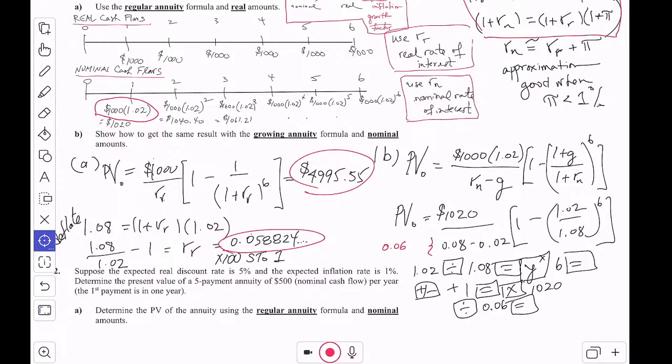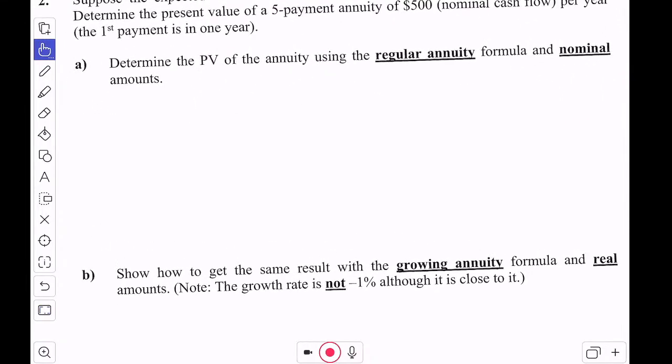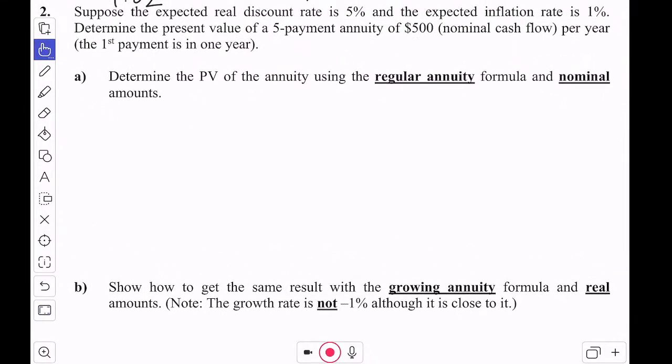In the second question, it's not the case. In the second question, you are told about cash flows that are nominal, so $500 nominal cash flows in the presence of inflation.